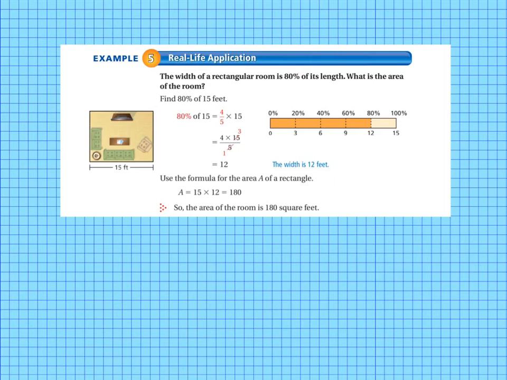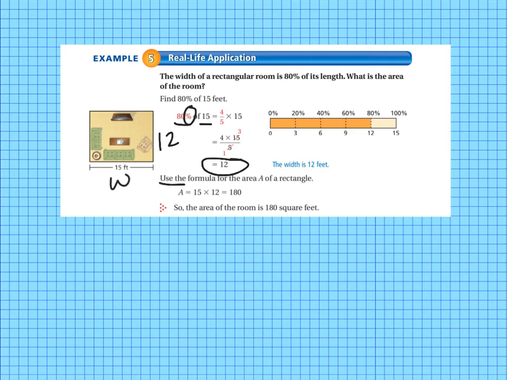So we're going to take 80% of 15, and we're going to multiply that. So in this case, we have the whole. The whole is 15, and the percent is 80, and we're looking for the part. So 4/5 times 15, and we cancel out our common factors and multiply, and we end up with 12. So the width is 12 feet.